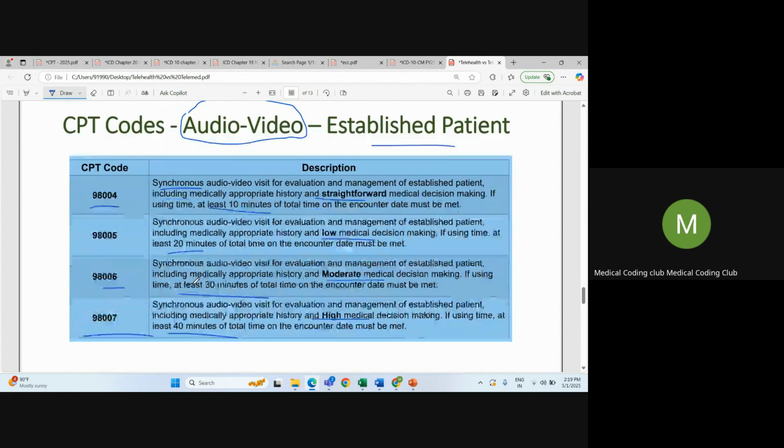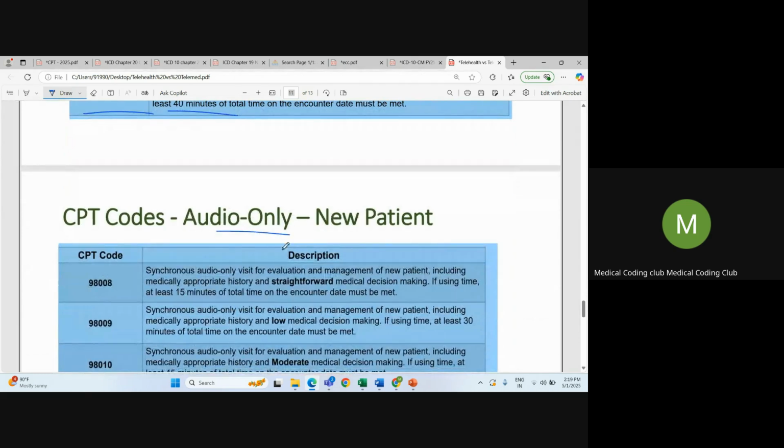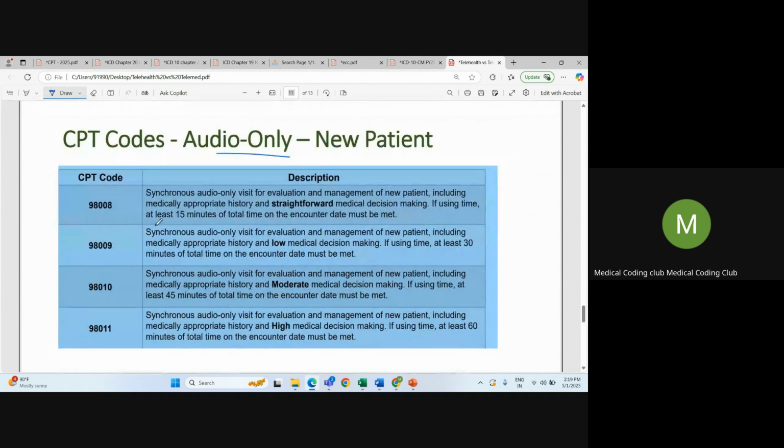Okay, so next we have audio only. They are utilizing only telecommunication, but not video. So for a new patient we have 98008, 98009, 98010, 98011. So please check the specifications.